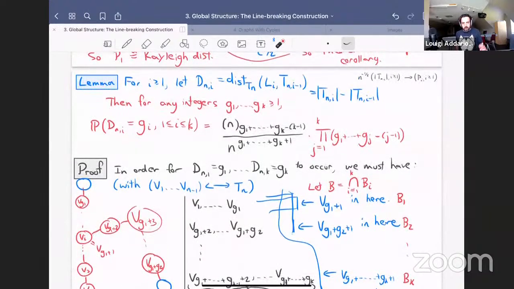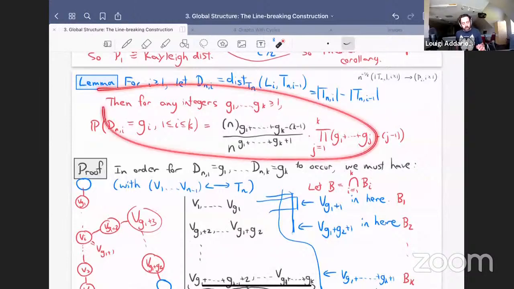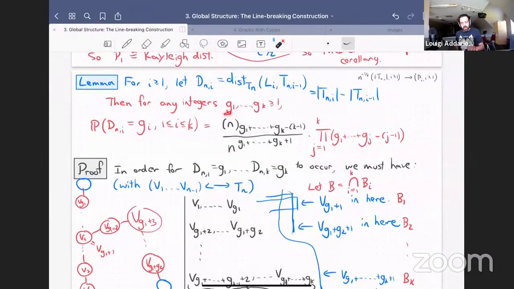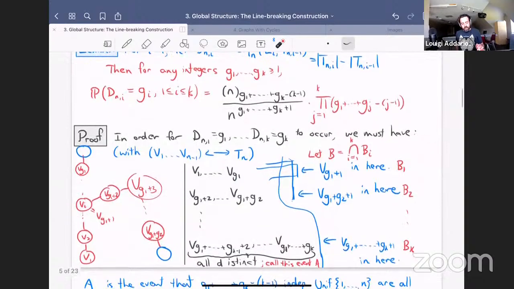And the way that we proved this lemma was by saying in order to see these particular branch lengths, a certain thing had to happen. Under the bijection, we had to see distinct values at various times. And then we had to see these other values being repeats, because that's what told us that we were joining to a previously discovered vertex and starting to grow a new branch of the tree.